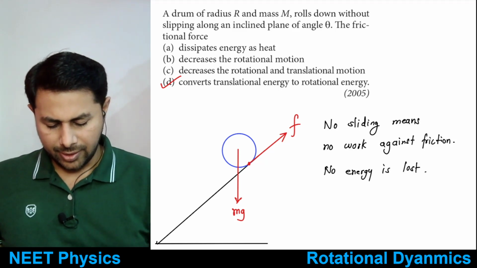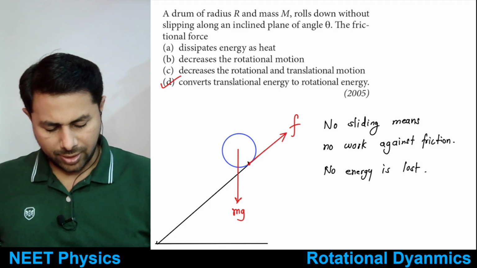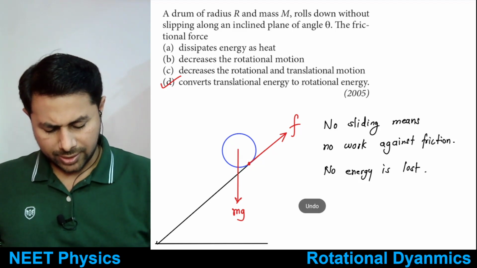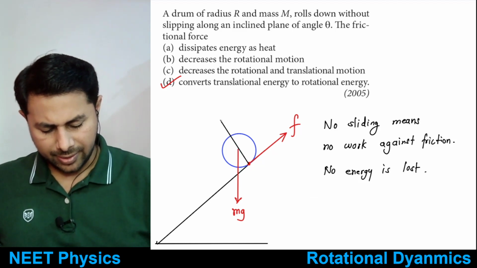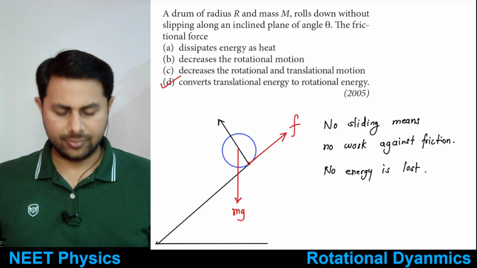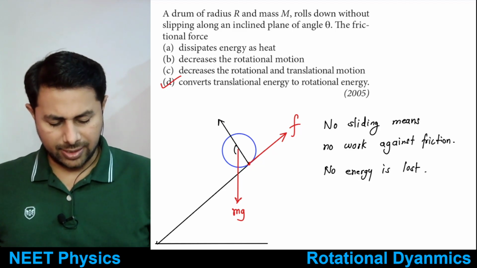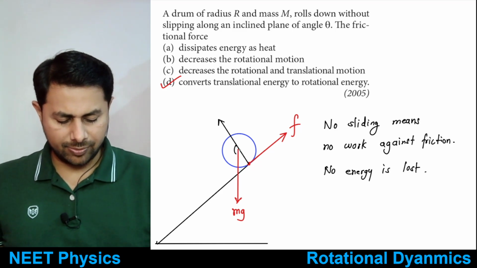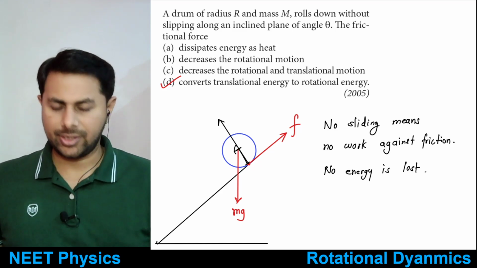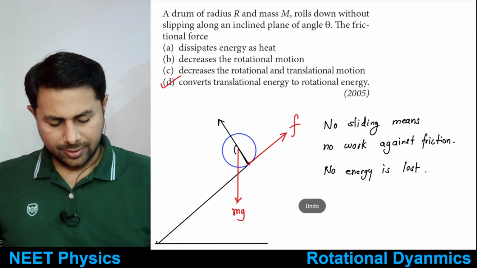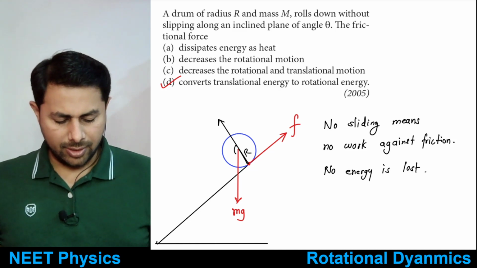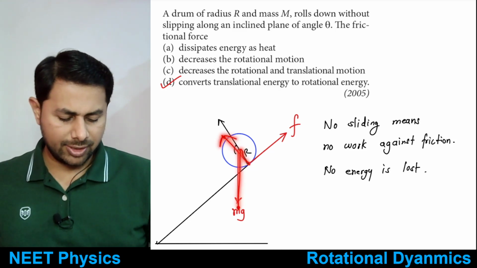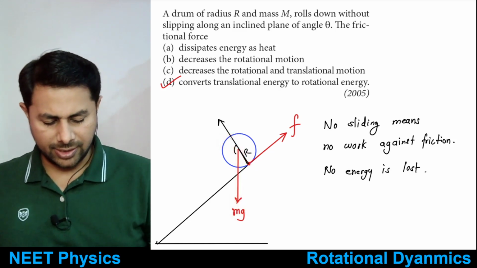Okay, how much is the torque? So just draw R. So torque is equal to R multiplied by mg sine theta, and theta is this angle, right? R is this much, from here to here, this much distance is R. R bar is directed like this, mg is directed like this, so this angle is theta.